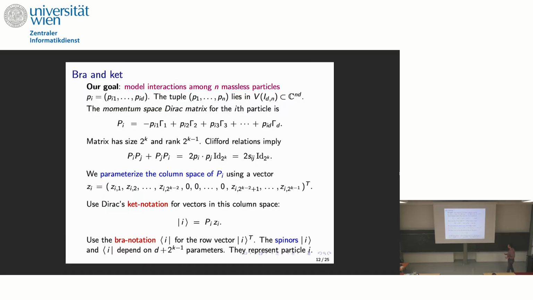The result of this is a long column vector, and this column vector is called bar i bracket. That's Dirac's cat notation. So this symbol is notation for the column vector P_i times column vector Z_i. So this knows about the momenta for the ith particle together with parameters Z that represent the column space.